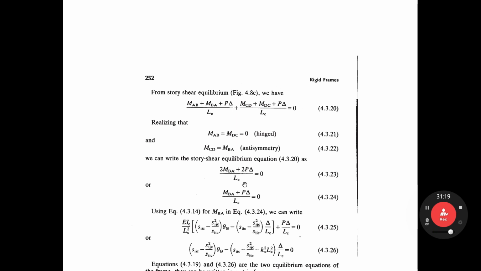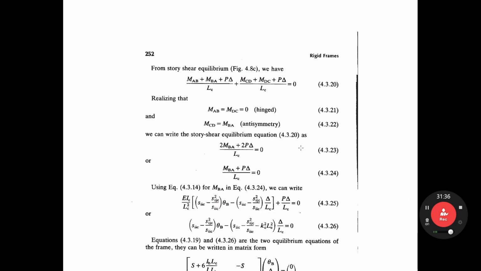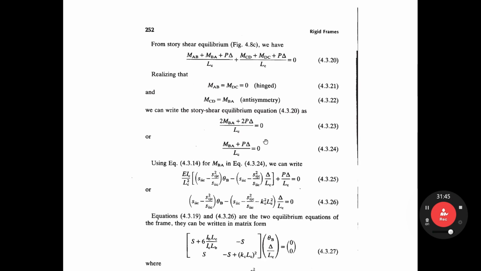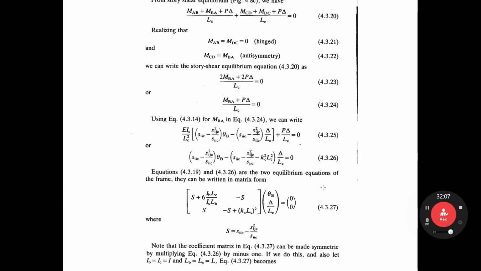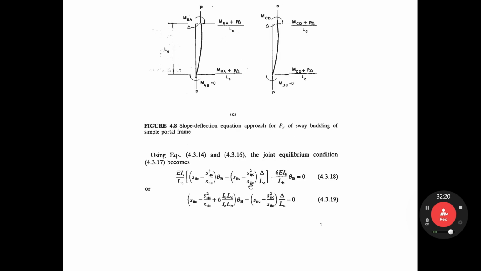So here MAB, MDC, what is that? Hinge. Okay, must be 0. MCD and MBA are an anti-symmetric condition. We can rewrite this equation into this simple form. So ultimately we get this equation. For MBA, you have the equation on the previous page, and you input this MBA like that. So you have this equation and previously this equation, right?